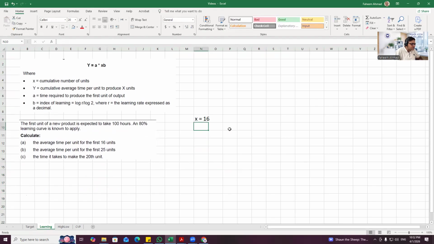Okay, X is equal to 16. Y is what we are going to calculate. A, time required to produce the first unit. A is equal to 100 hours.